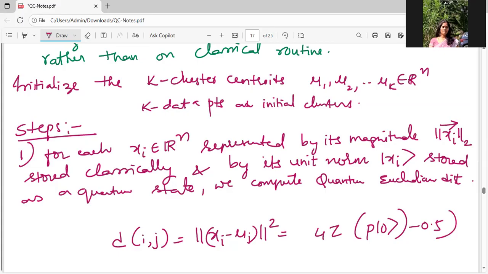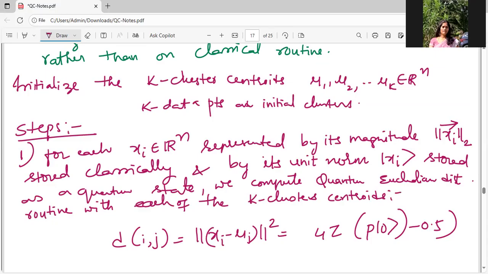Okay. Now, calculation routine with each of the K cluster centroids. We compute the quantum Euclidean distance routine with each of the K clusters, each of the K cluster centroids.